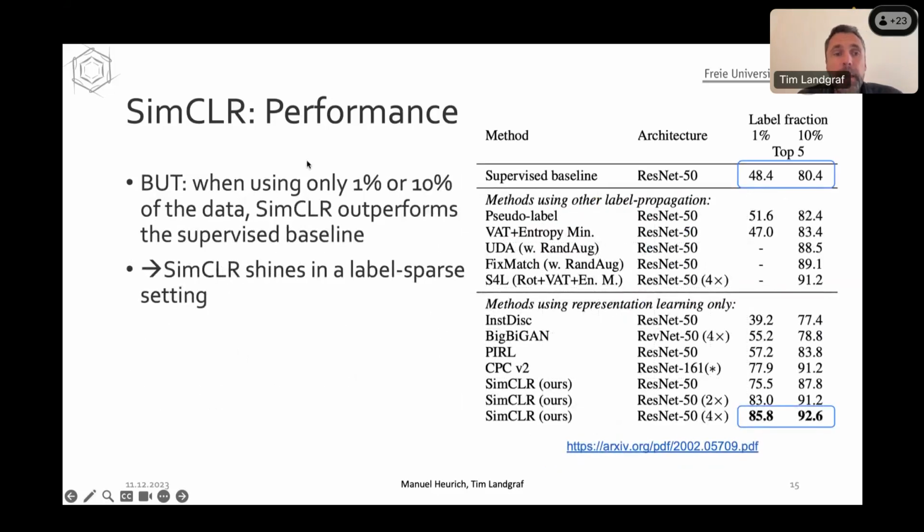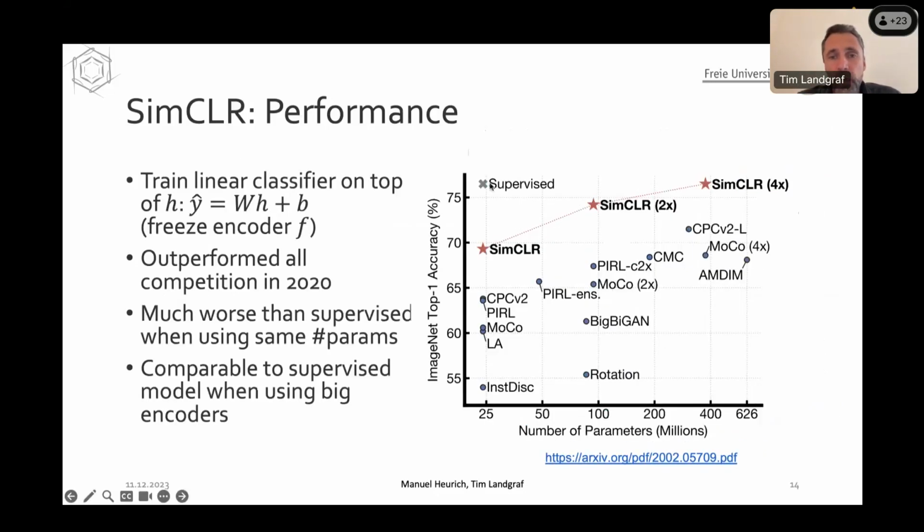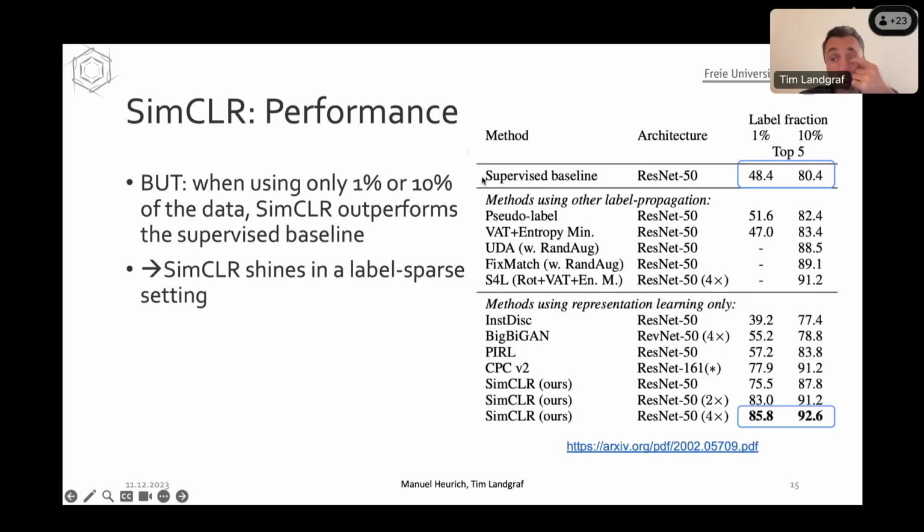But SimCLR, and that's true for pretty much all the self-supervised learning algorithms, they shine when you don't have that many labels. So the supervised baseline was trained here on 100% of the data. But what if we only give it 1% or 10% of the data?